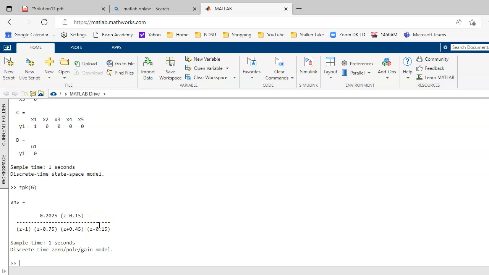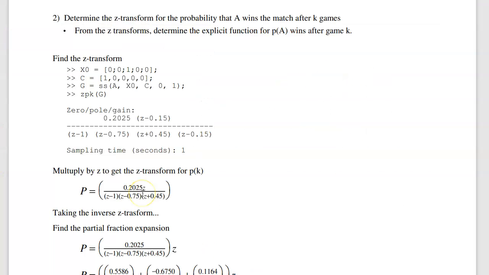So again, if you don't have the Control System Toolbox on your home version of MATLAB, MATLAB Online has it, or you can reinstall it with the Control System Toolbox. Once you get the system into MATLAB, I can find the transfer function and multiply by z to get the z-transform for the probability that A wins.